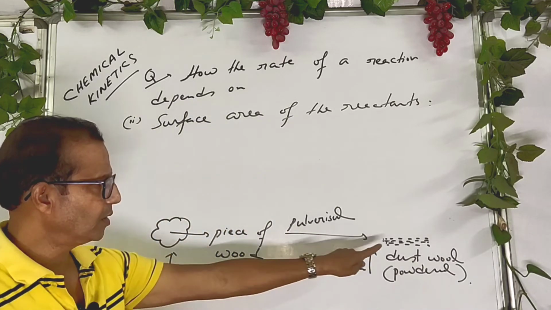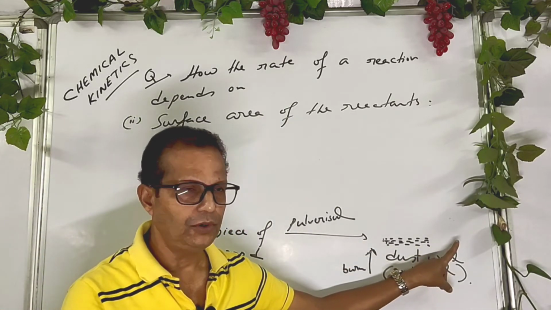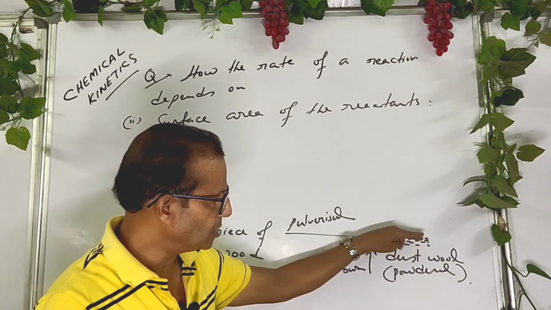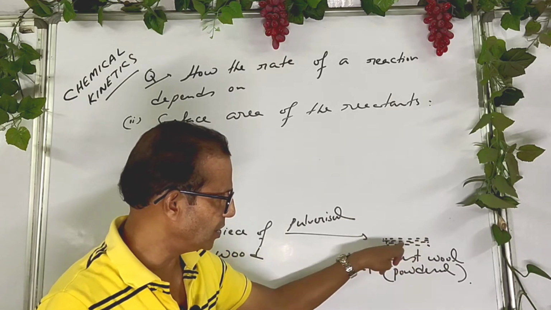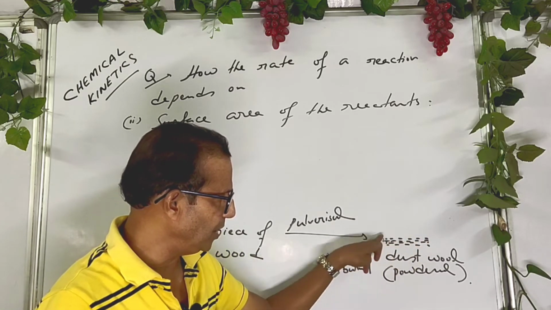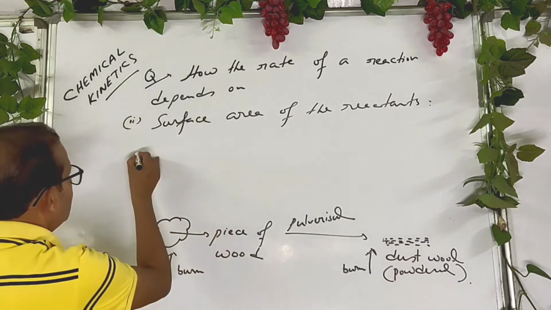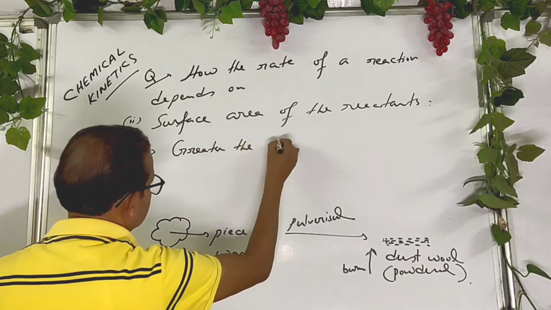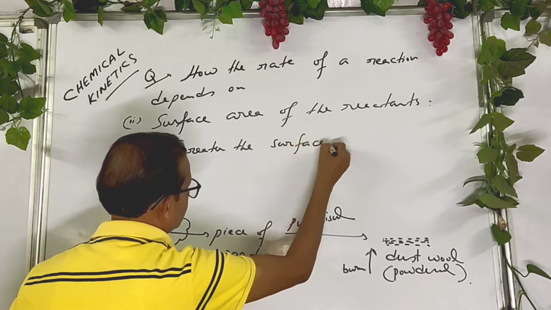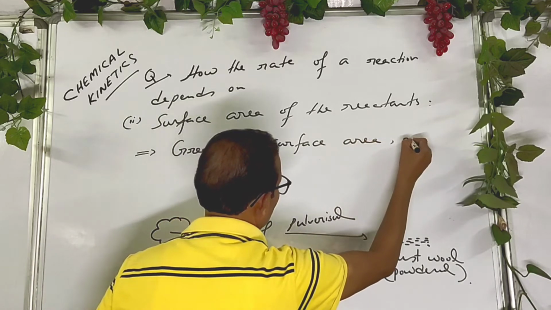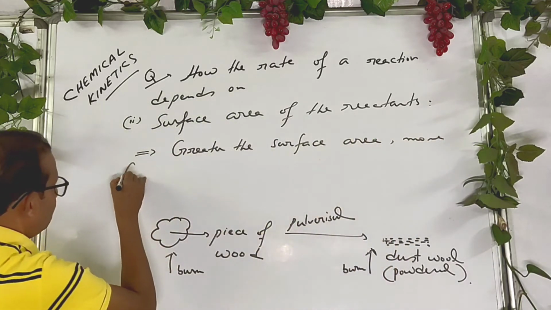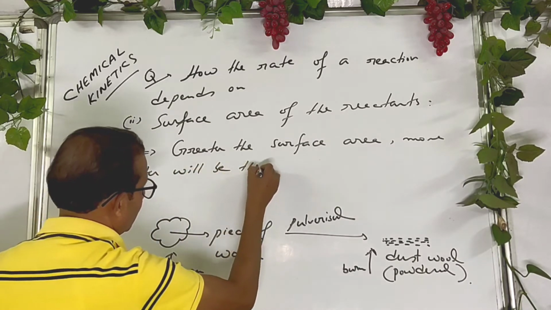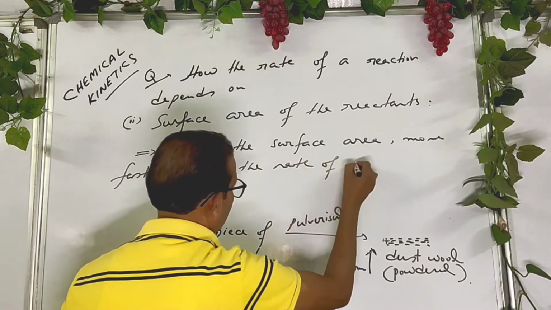You see, the powdered form of wood burns faster because of the surface area. So greater the surface area, greater will be the rate of a reaction.